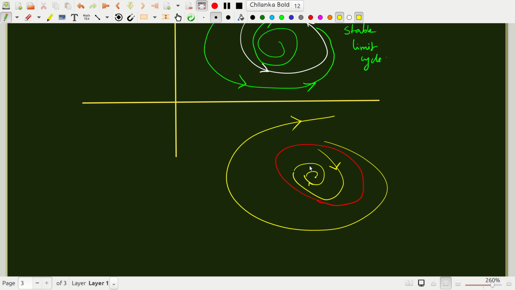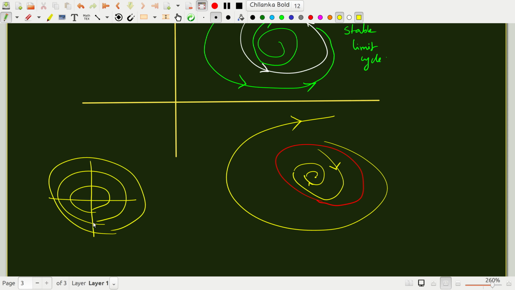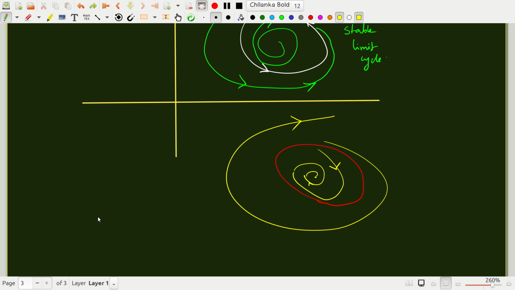So limit cycles are not like periodic orbits and simple closed orbits in simple harmonic motion, because in simple harmonic motion you may have many closed orbits depending on the initial conditions. But in limit cycles there is only one orbit, and the solution is not determined by initial conditions, unlike in the linear two-dimensional case.